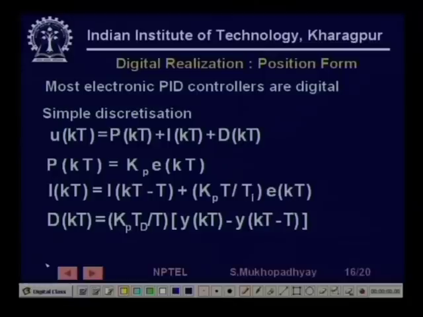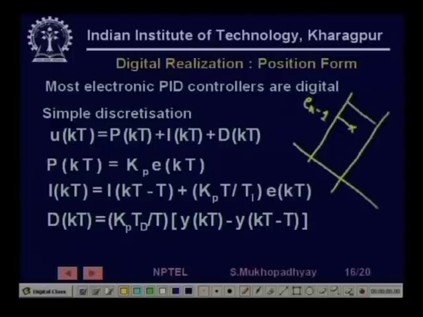Basically, if this is E(kT), this is E(k minus 1), this is E(k), and this is E(k plus 1), the error is decreasing like this.